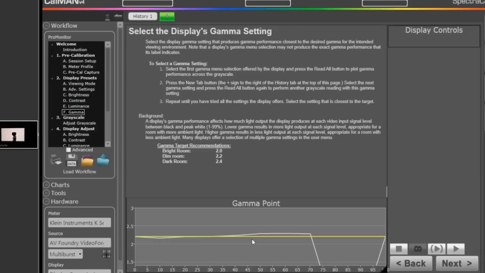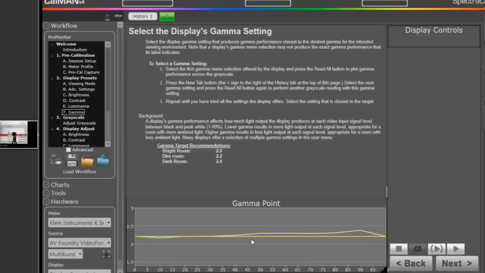but we can see that the plot for the performance of this display right now is coming out fairly close to 2.2, rising just a little bit at the higher gray levels. We would go into the software if we wanted a different gamma performance than what we have found so far.